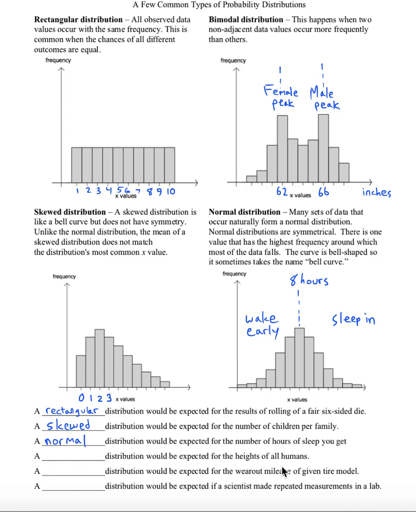Okay, for the heights of all humans, that would be expected to be bimodal. It would be normal if we were talking about just one sex, okay, like just males or just females. But if we combine both sexes together and take data on their heights, then we would expect 2 peaks that overlap.